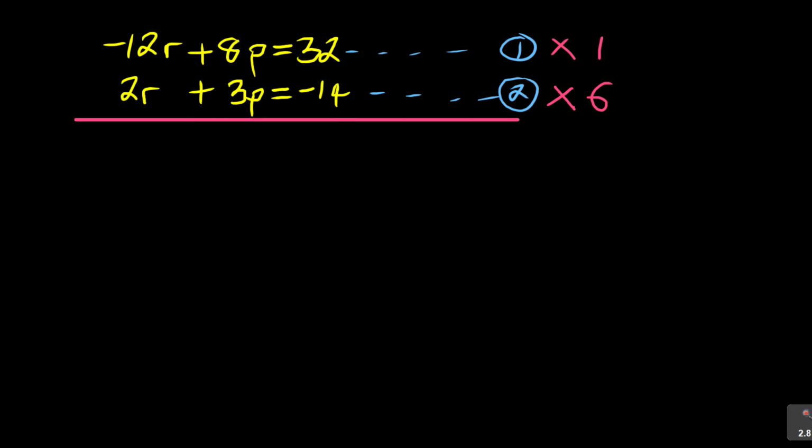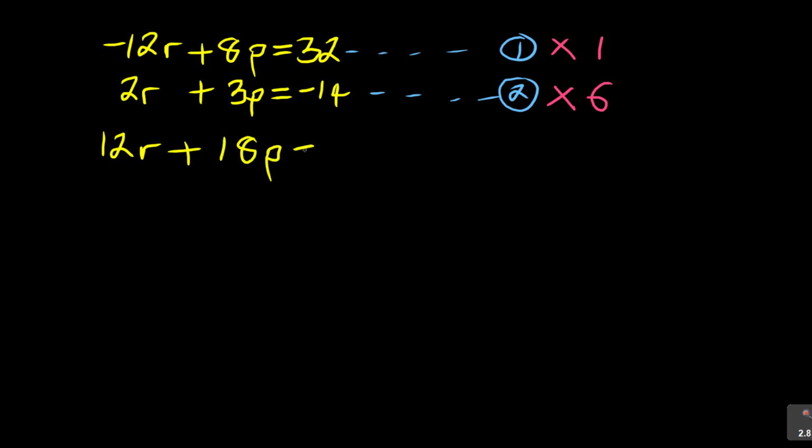Okay, so this is what I have. Before that, I'm multiplying. The second equation will become, after multiplying by 6, 6 times 2r, which is 12r, and then 6 times 3p, which is 18p, is equal to, I need a calculator to multiply 6 times 14.